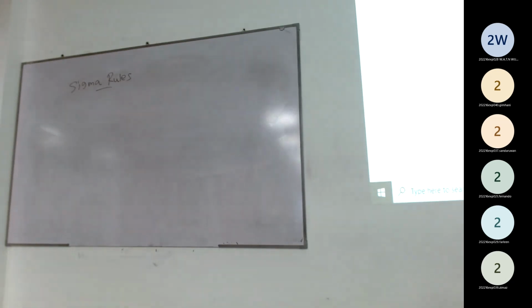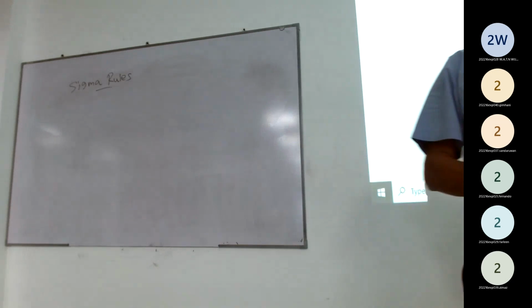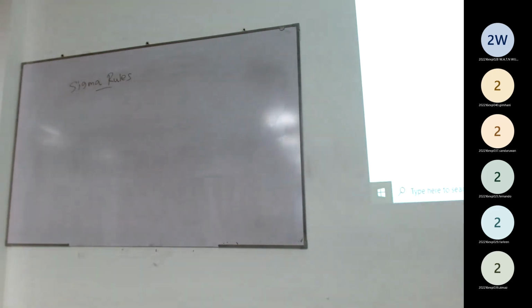Mistakes means wrong calculation, wrong interpretation, and you cannot take outcome. Right. Therefore, please write down. If we correctly apply sigma rules, we can develop models.